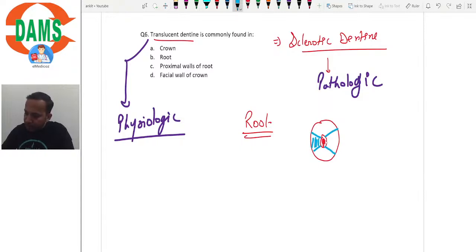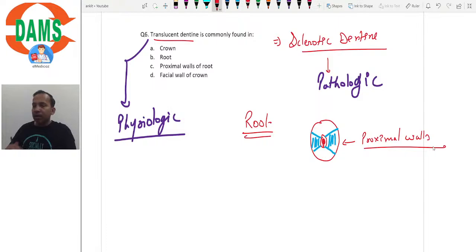It is commonly found on the proximal walls, and in a cross section you might often see this butterfly shaped translucent tissue.